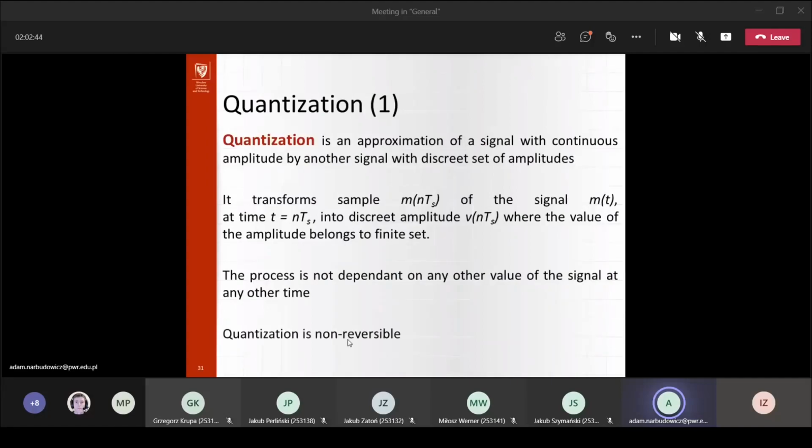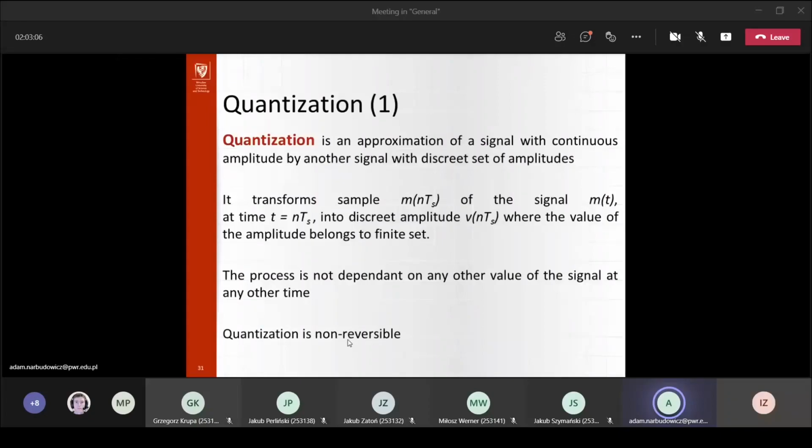And contrary to the sampling, the quantization is a non-reversible process. This basically means that once you do the quantization, you're always losing some portion of the information that's there, so you cannot fully reconstruct your signal.